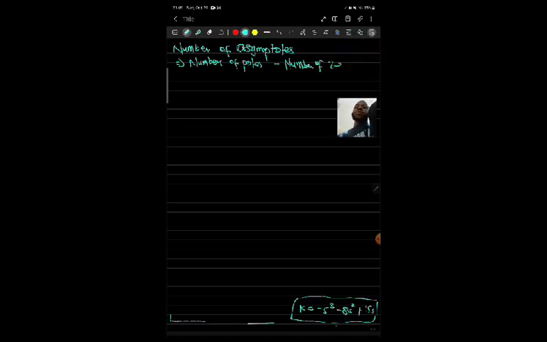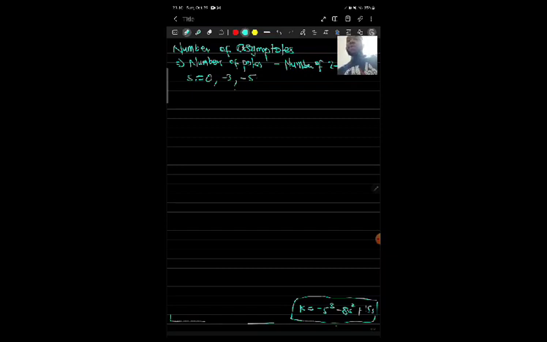Asymptotes. It says the number of poles minus number of zeros. We said a pole is a denominator of a transfer function equated to 0. So we found our poles to be 0, minus 3, minus 5.